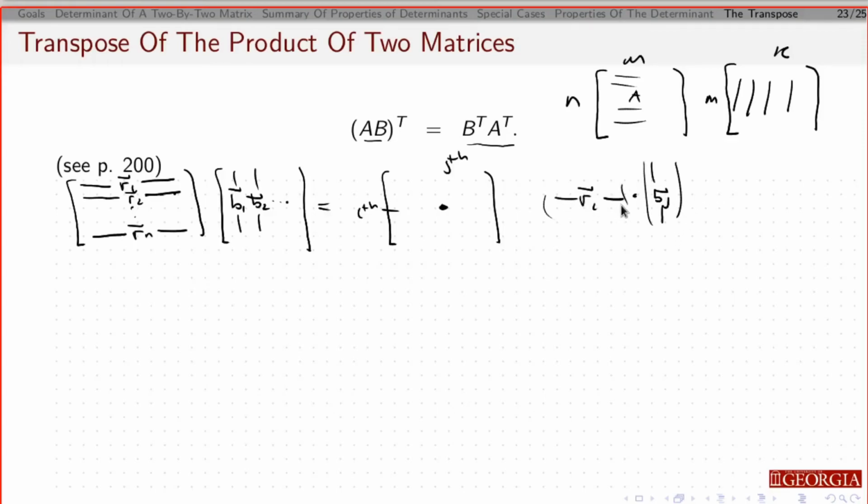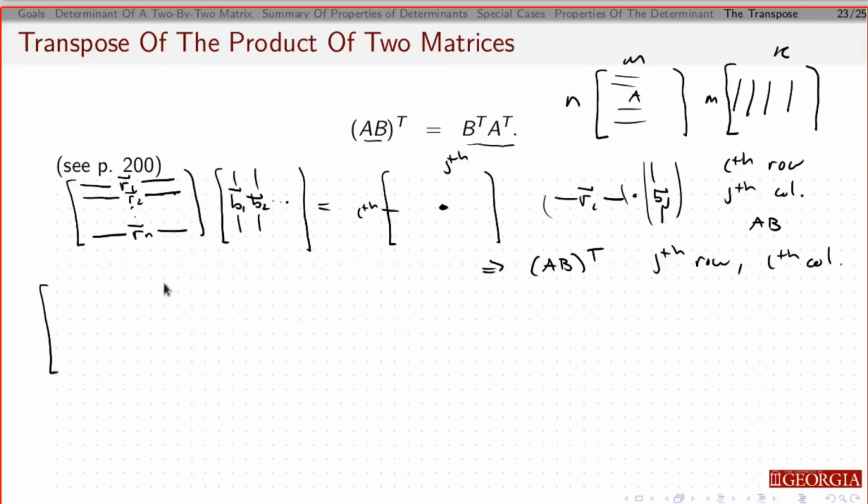So I'm basically looking at the product of Ri and Bj, and this is going to be the ith row and jth column of AB. So therefore, if I take AB transpose, this will be the jth row and ith column.